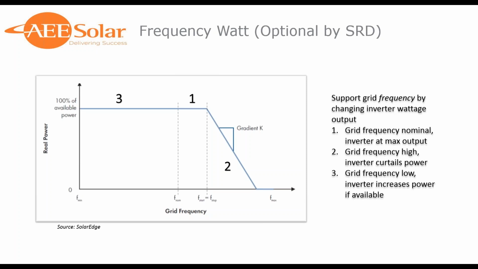Where this is going to become really interesting is when we throw storage into the equation. I'll throw out a scenario. Let's call it late afternoon. There's still available power, but maybe it's 50% of nameplate capacity. I envision scenarios where frequency watt is going to be permitted and requested, and in scenarios of low frequency or low voltage, the utility district could call upon you to actively export power to help support voltage and frequency.